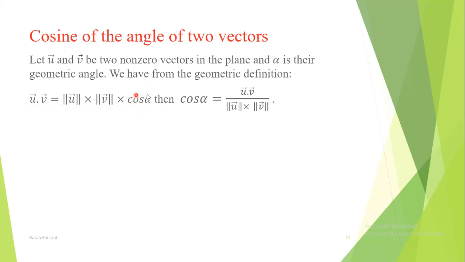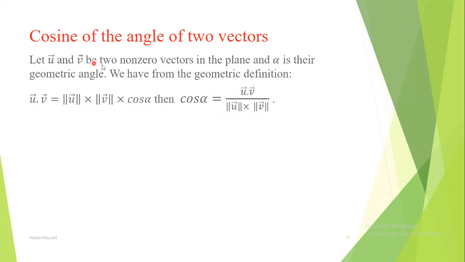We are usually given u dot v and the magnitudes of u and v, so you can easily find cosine alpha. Just divide both sides by the magnitude of u times the magnitude of v to get cosine alpha equals u dot v over the magnitude of u times the magnitude of v.